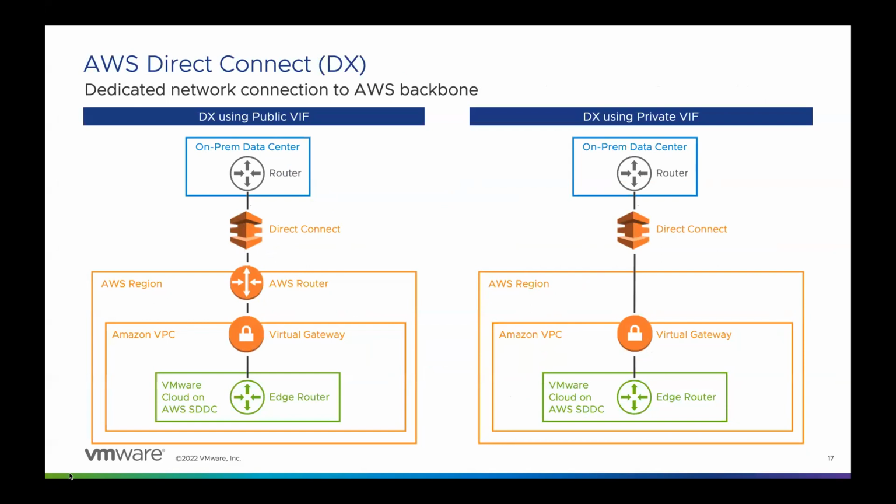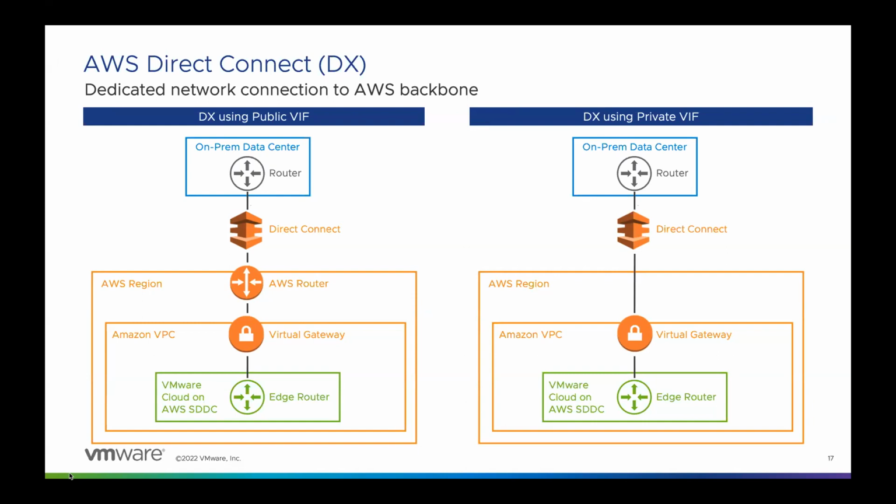As far as the private VIFs, the private VIF is going to be used in most cases because, again, that's going to be an address space that is secure. The connection will terminate on the VPC level instead of the regional level. Like the public VIF will terminate at the regional level, as you can see in the picture.